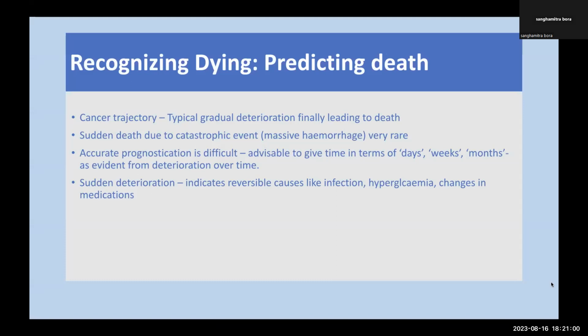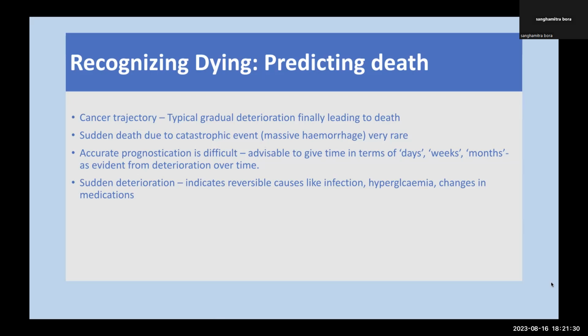there are trajectories in every end of life process, trajectories that have been well defined for all kinds of incurable diseases. For example, in cancer, there'd be a typical gradual deterioration, finally leading to death. So you know that the trajectory would be like this for a cancer patient who is terminally ill.